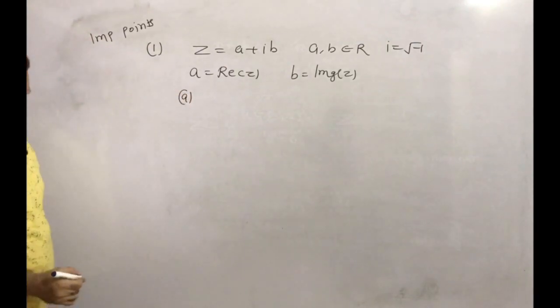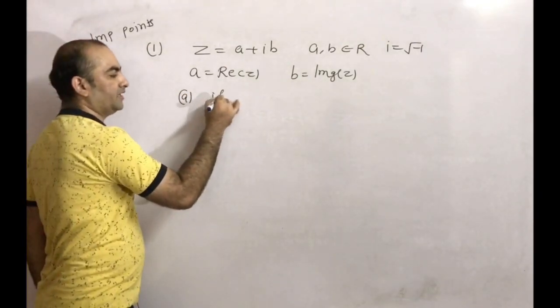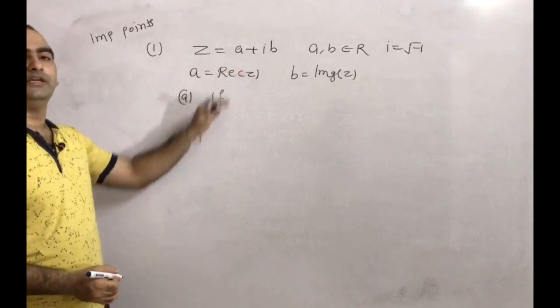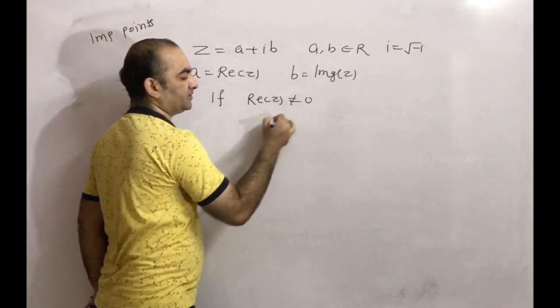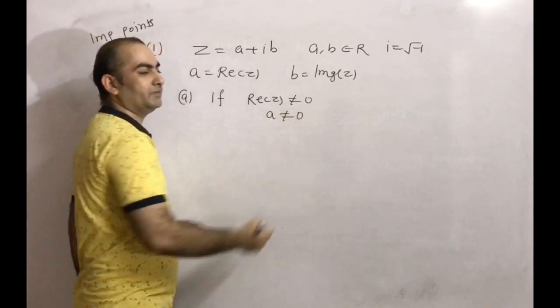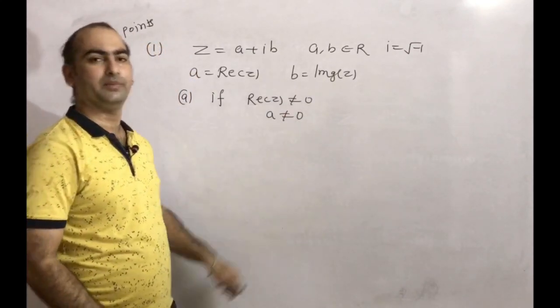Point a. If in this one the real part of z is not equal to 0, that means a is not equal to 0, and b is 0, the imaginary part of z is 0.